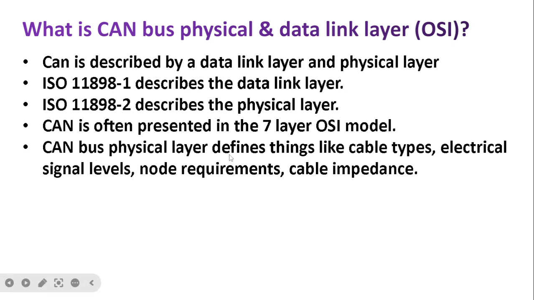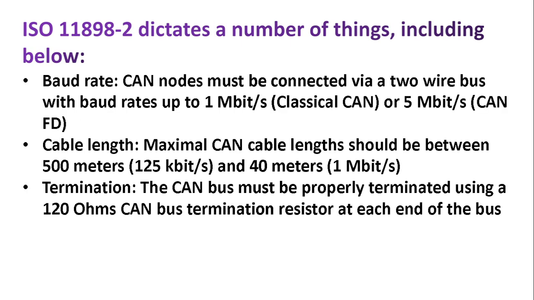The CAN bus physical layer defines things like cable type, electrical signal level, node requirements, and cable impedance. These properties belong to the physical layer.